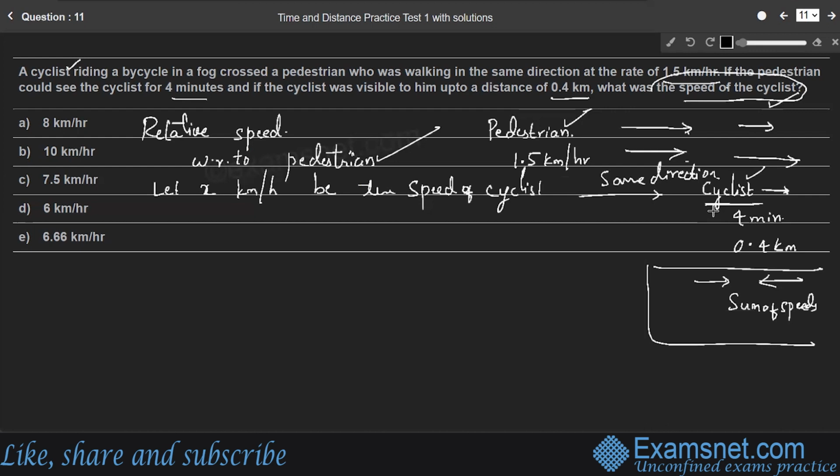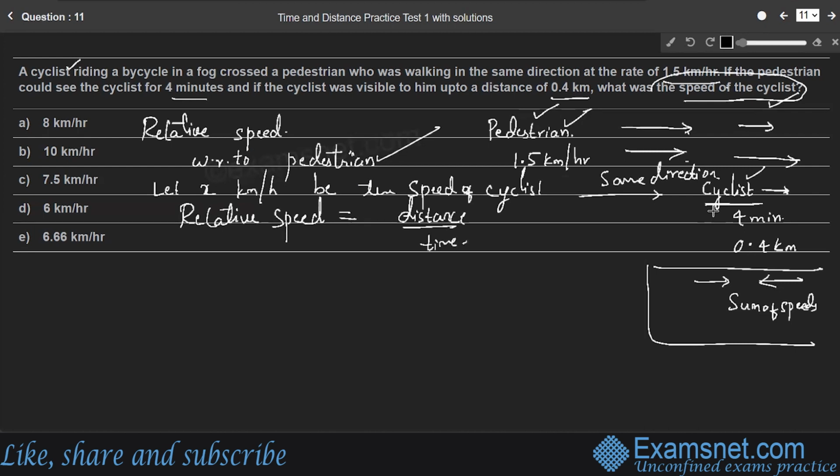Therefore, with respect to another object, the pedestrian, the difference in their speed will be the relative speed, is equal to distance by time.